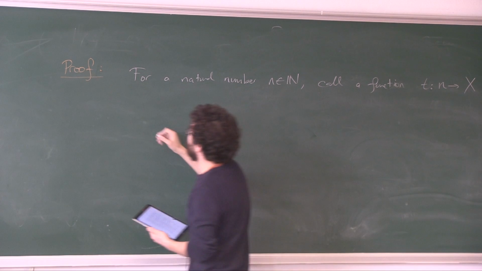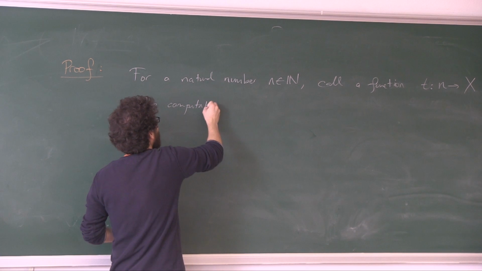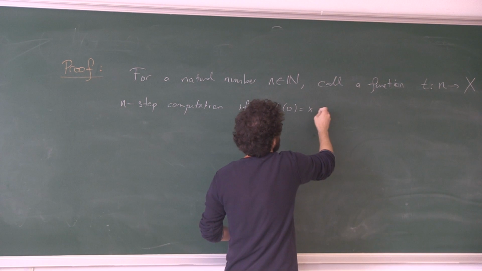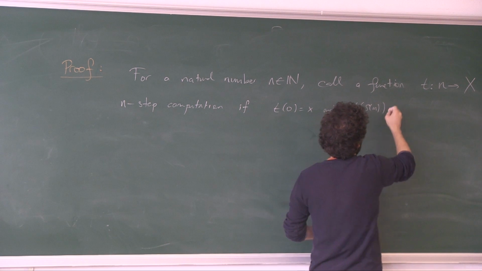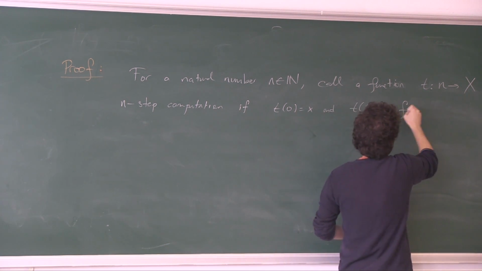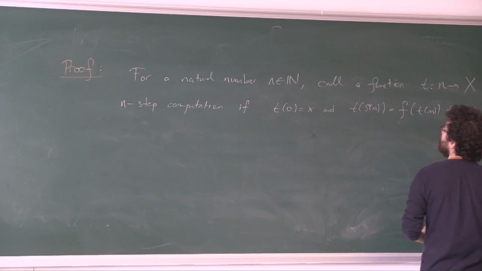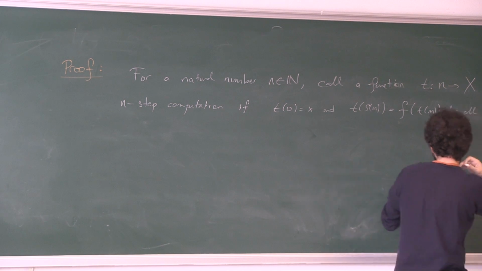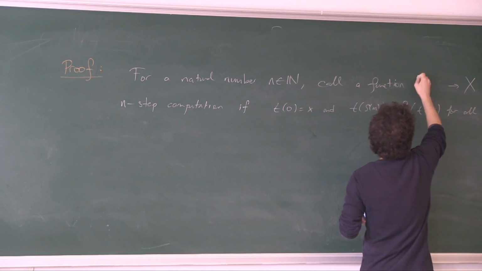Call a function an n-step computation if t of 0 is x and t of s of m equals f of t of m for all... no, I want n-step computations, which means that I need to have s of n here.